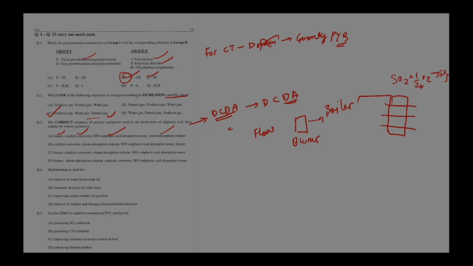That's why we require interstage cooling and then double absorption. The formula of oleum is H2S2O7. Then absorption with oleum gives the sulfuric acid H2SO4. It will go to the heat exchanger, where interstage cooling will be done. So this is the flow sheet.